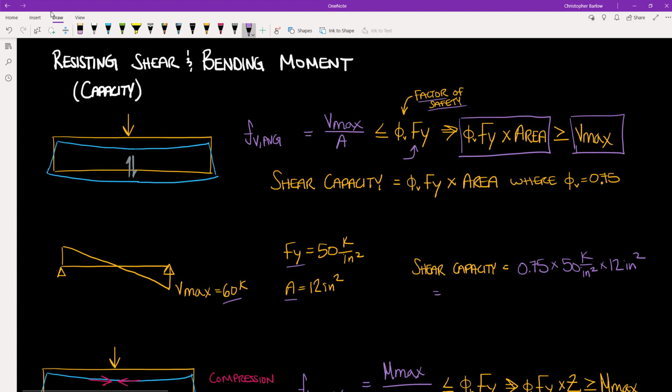And so this gives us 450 kips of capacity, which is greater than our demand load of 60 kips, and therefore our design is okay.